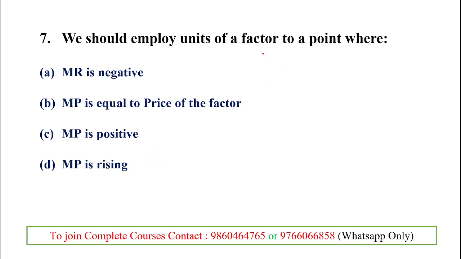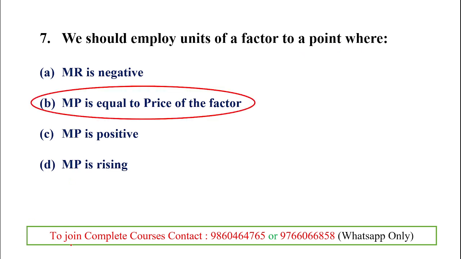And here the point up to which units of the factor are employed is where MP is equal to the price of the factor, that is, marginal productivity equals the price of the factor. So we want to equate the price of that particular factor to the productivity of that particular factor. So MP equals the price, or the AR in the case of perfect competition.